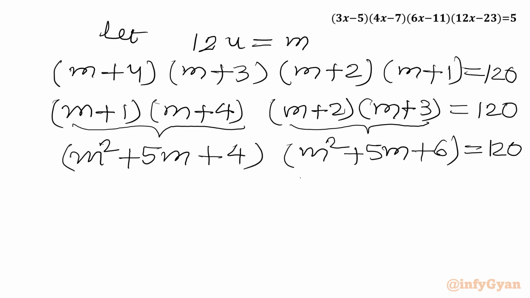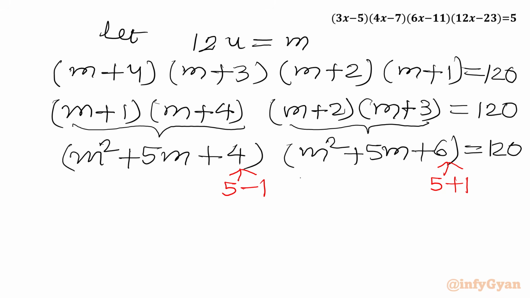Now m square plus 5m is the same in both the brackets. Here we have constant 4. Here we have constant 6. If we find the average of both the numbers, then it is 5. So we can write 4 as 5 minus 1 and we can write 6 as 5 plus 1.